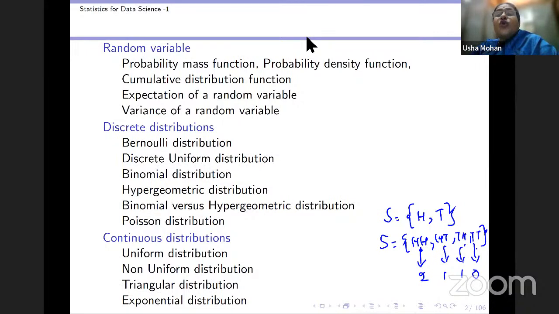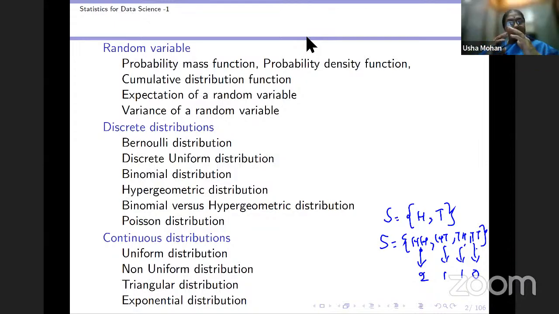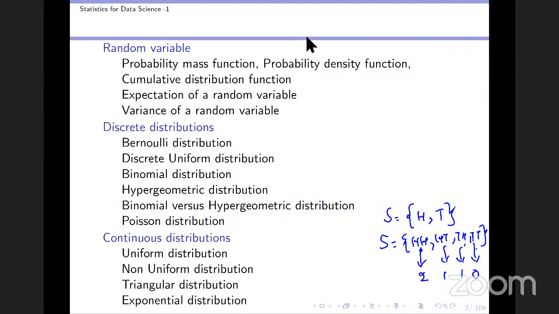So there is no numerical output here. Do you get the point, Arnav? Yes, ma'am. What I'm trying to say is I'm just assigning a numerical value. Is that clear? Yes, ma'am. Right. So I'm assigning a numerical value. There is no numerical output in this case.